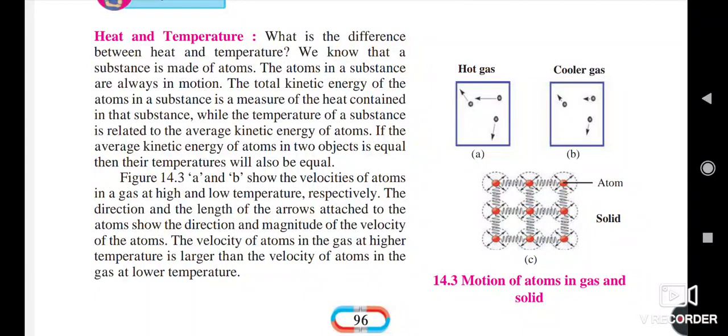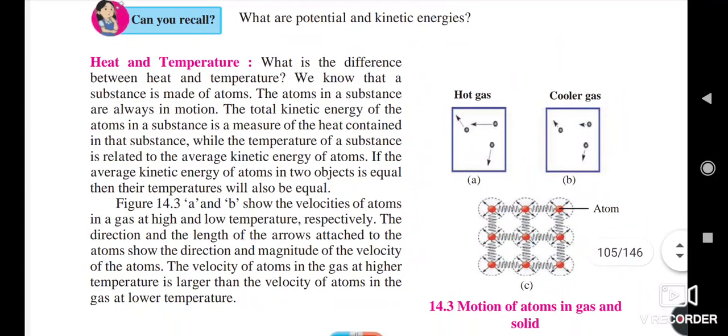If the average kinetic energy of atoms in two objects is equal, then their temperatures will also be equal.